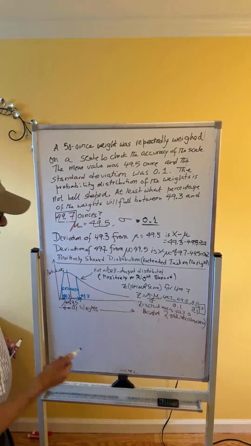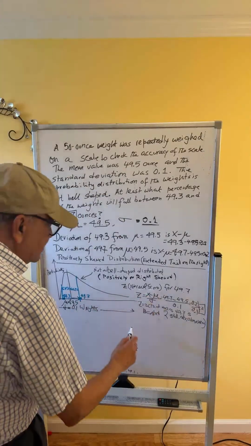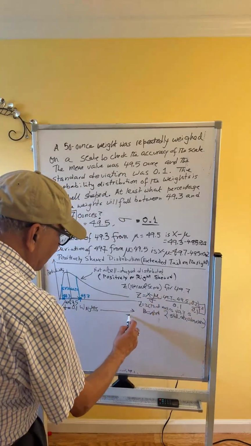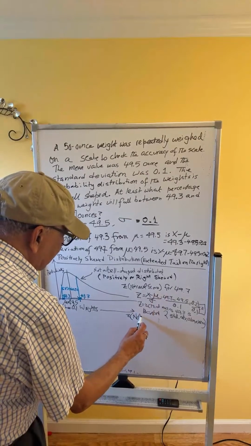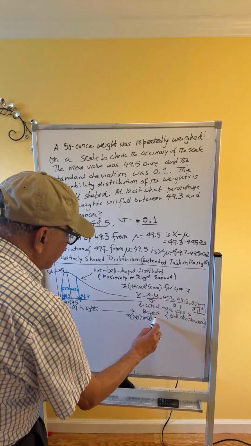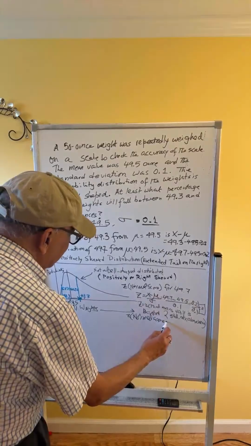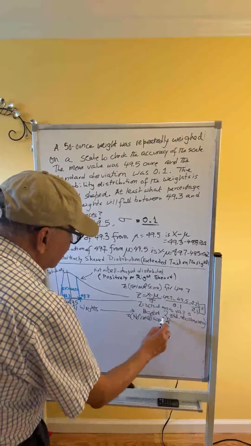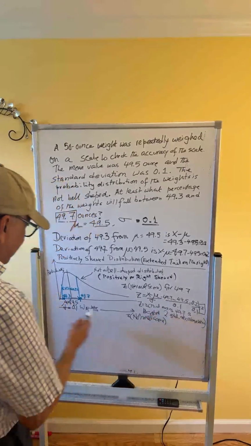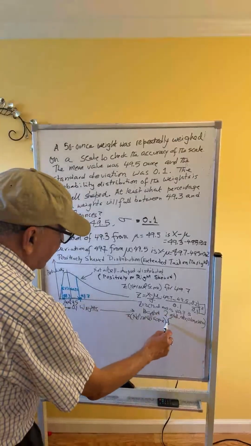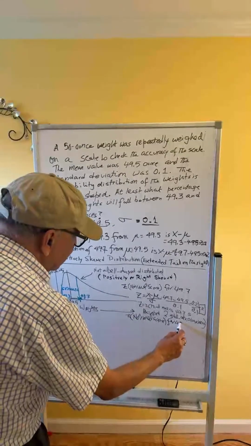Okay, and the other one, let's look at the Z score, the normal score, for 49.3.